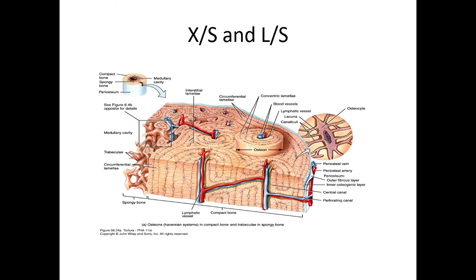These three tubular structures function to supply blood to the osteocytes within the solid bone matrix. So, three tubular structures that give nourishment to bone cells: the Haversian canal, the Volkmann's canal, and the tubular structure we call the canaliculi.